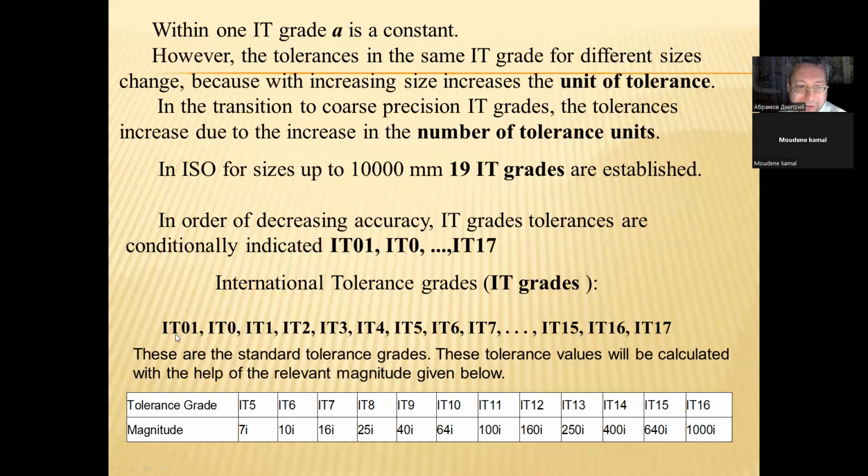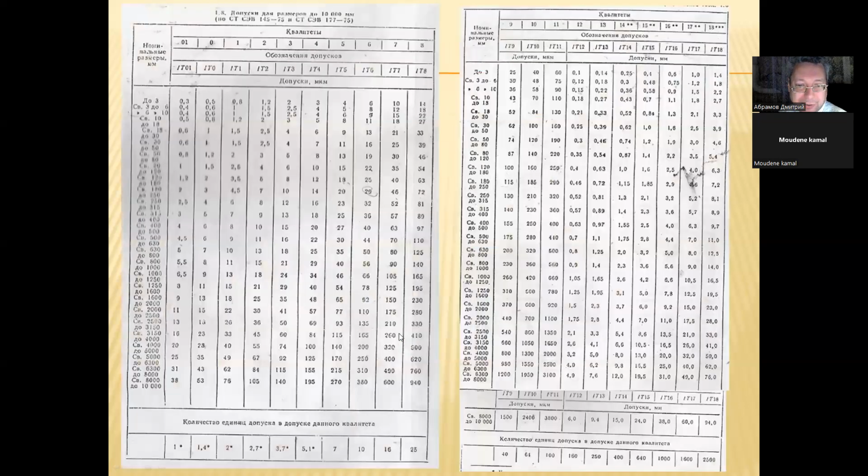This row shows different IT grades: IT01, IT0, IT1, IT2, IT3. If we use our table, we can see the IT grades too: IT grade 01, IT grade 0, IT grade 1, 2, 3, 4, 5, 6, 7, and 17.